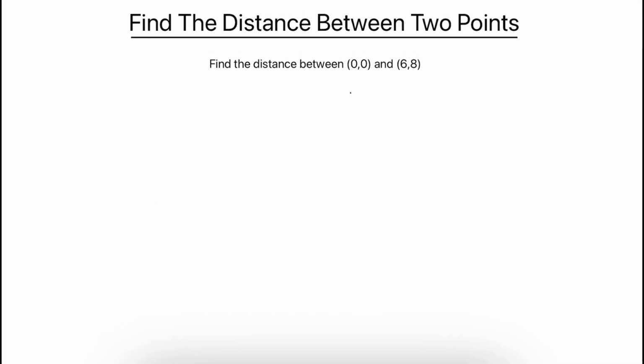So now we're going to do these without using a graph for visual. So the distance between point (0, 0) and point (6, 8). Again, we're going to find rise over run. So rise equals y2 minus y1. And run equals x2 minus x1.